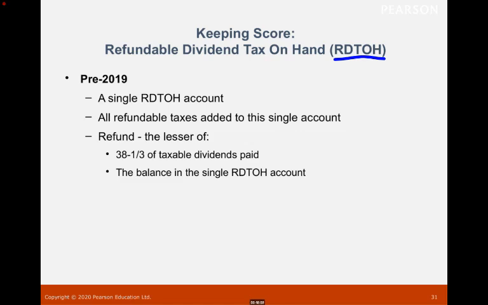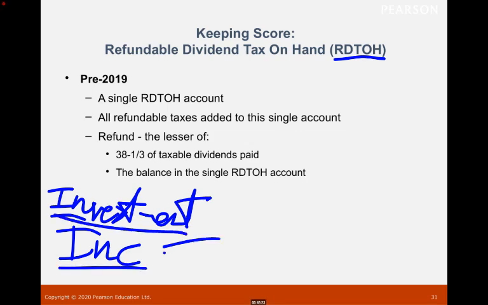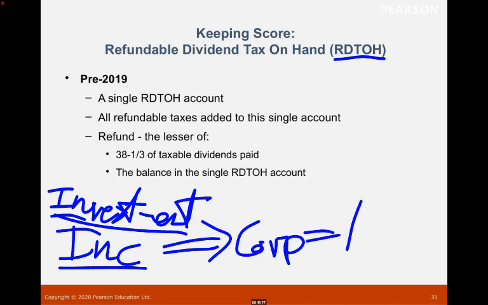Just to simplify it, you've got this investment income coming into your corp, and then you're paying taxes on it.